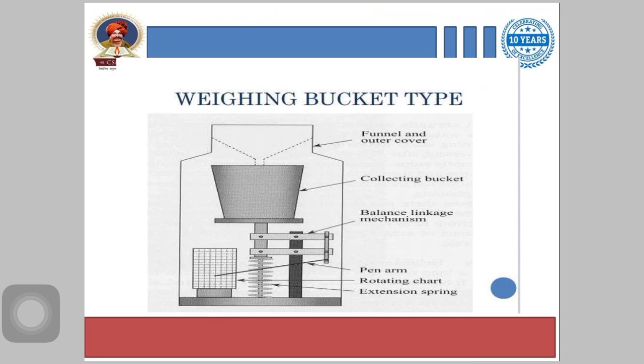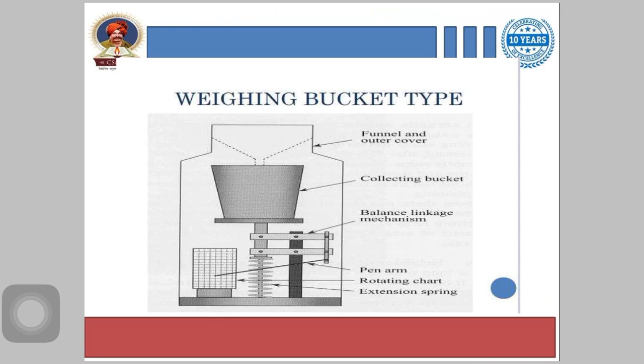When the weight of the bucket is increased due to rainwater, the platform is moved, and the movement of the weighing platform is transmitted through a system of links and levers to the pen arm, or we can say pen marker.